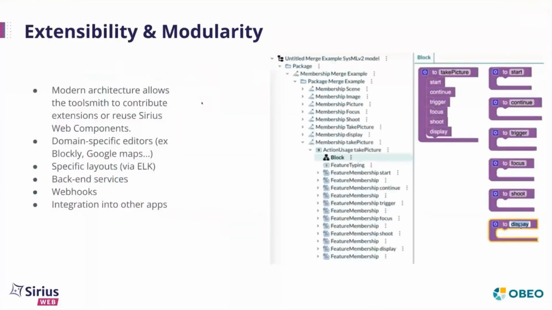So the modern architecture of Sirius Web allows the toolsmiths to contribute extensions and reuse the Sirius Web components. As we see, it can contribute specific editors, but also specific layouts, dedicated backend services, webhooks, and it can integrate it in other applications.